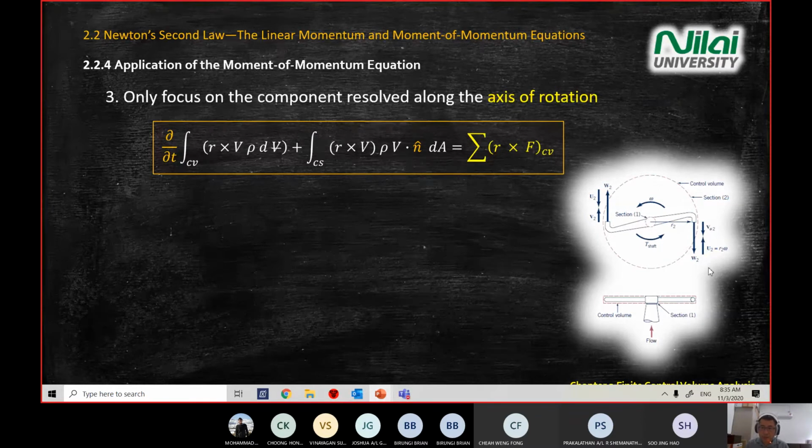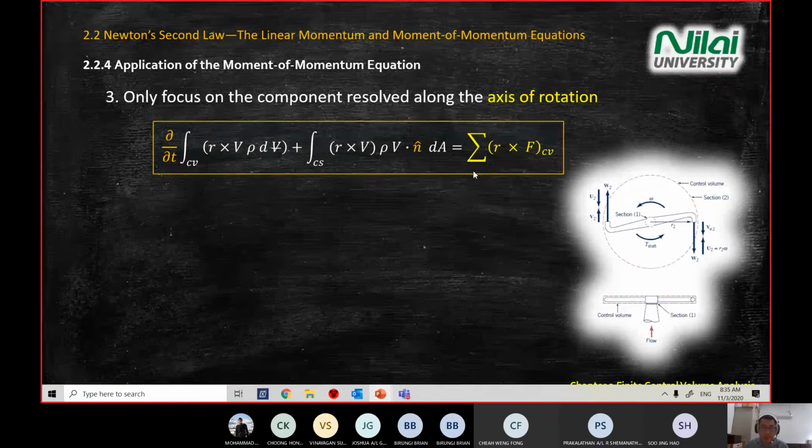We're going to look at one example later on, how we apply this moment of momentum equation in our case. Again, we have section 1, section 2, and a system represented by the solid line, and our control volume coincides with our system, which is the red dotted line here.